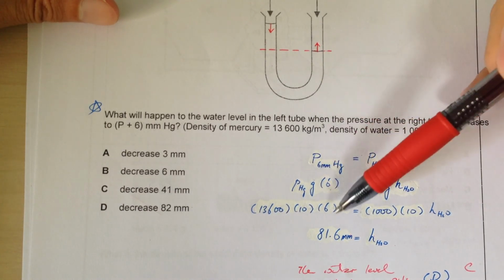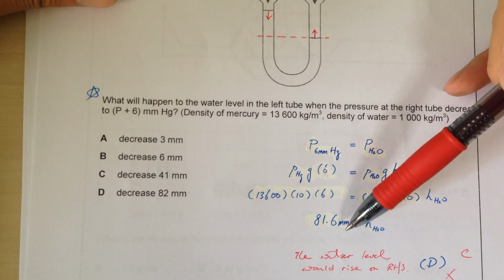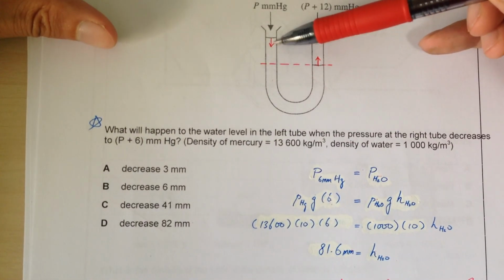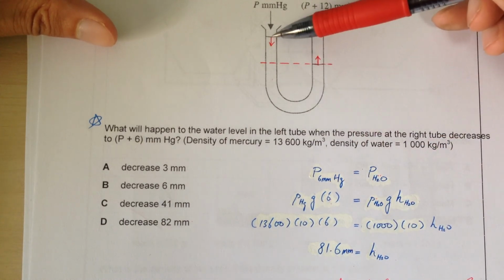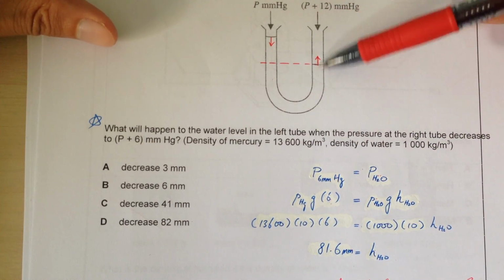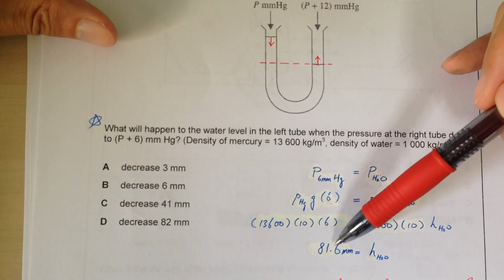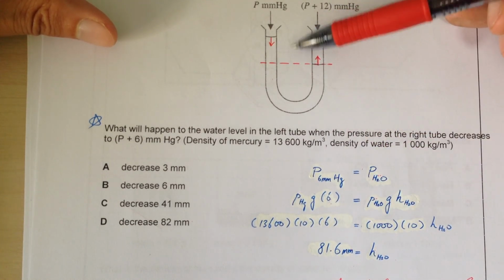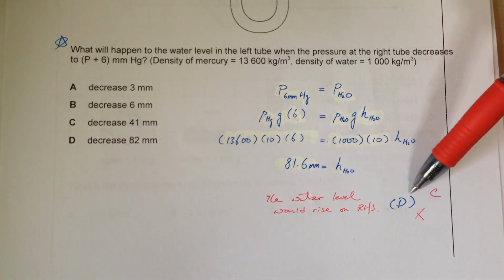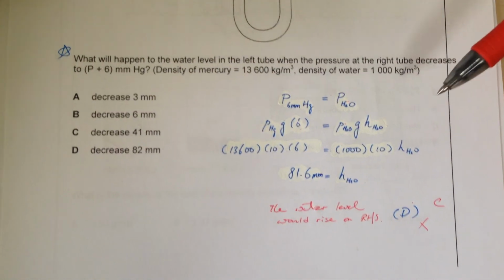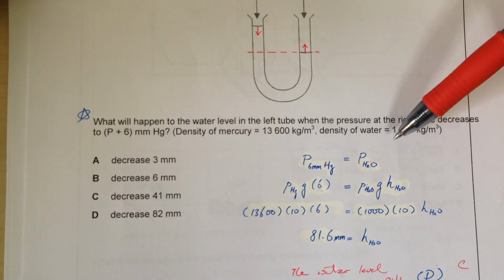So you need to take this 81.6 and divide by 2, because one side is moving down and the other is moving up, so the effective height difference is divided by 2. That's why your answer is C instead of D. That's why I find this question very interesting.